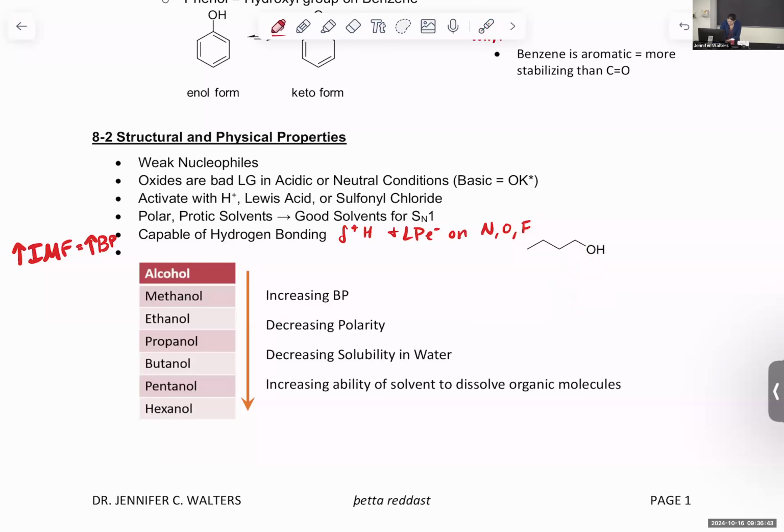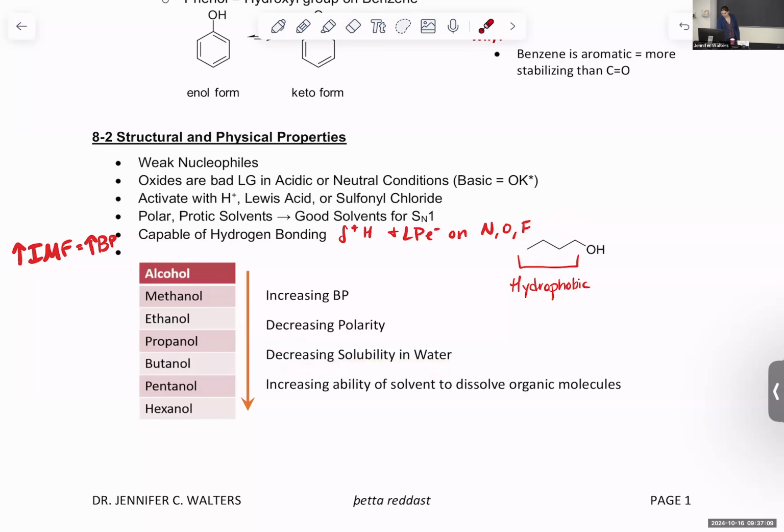Because I'm extending that non-polar portion, the hydrophobic portion, hydrophobic meaning it's afraid of water, it is going to also be decreasing the polarity because I'm increasing the non-polar part, and therefore I'm decreasing the solubility in water because water is polar and like dissolves like.